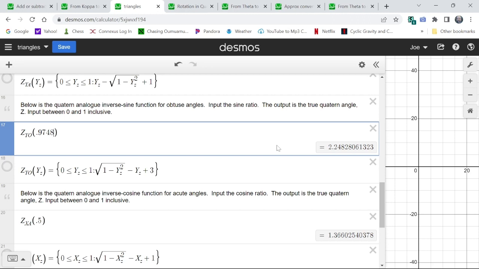The sine ratio is the same as the acute one, but the angle is different. So the angle is 2.2, let's say 48. Yeah, let's call it 2.248. So that is our angle C.